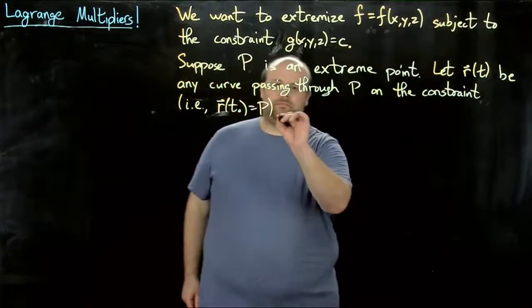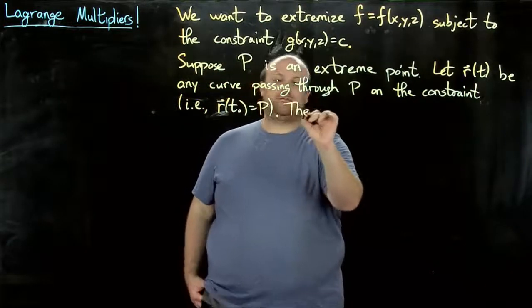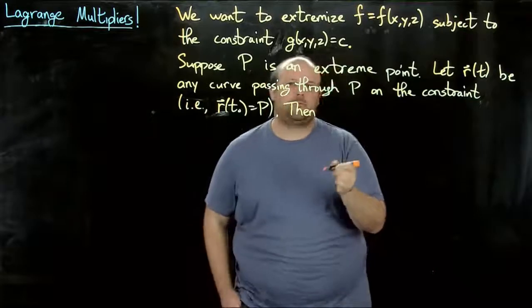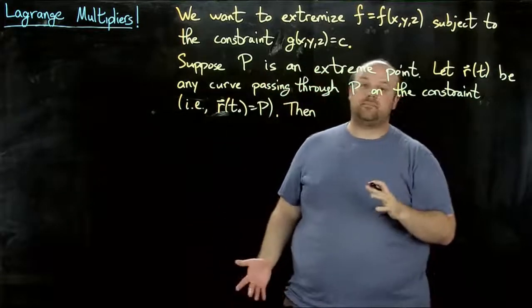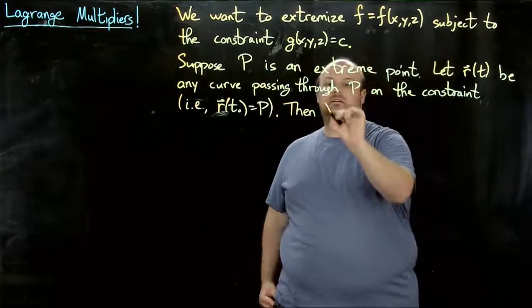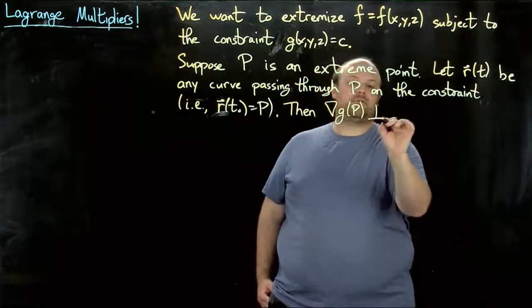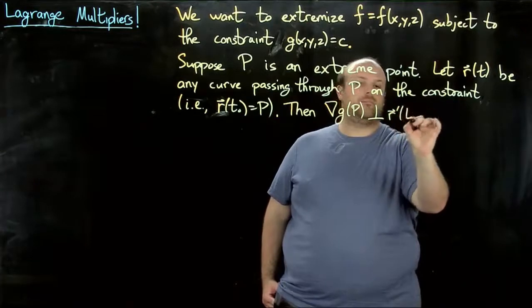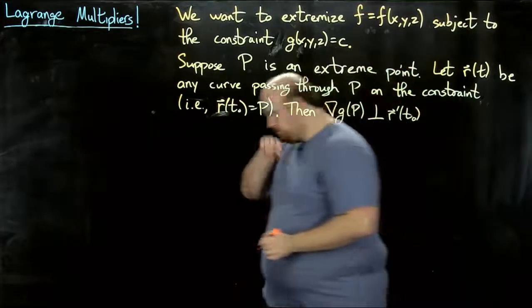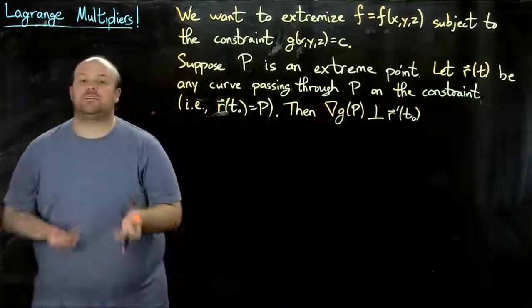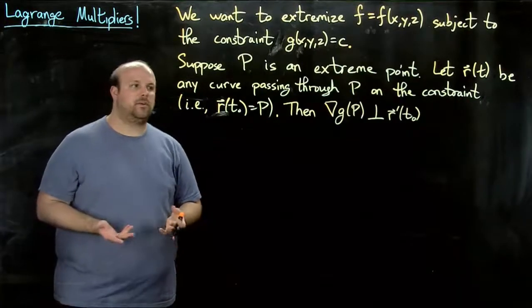One thing we know, and this is actually independent of P being an extreme point, is that the gradient of g at P is perpendicular to r prime of t naught, because the gradient is always perpendicular to the level surface.